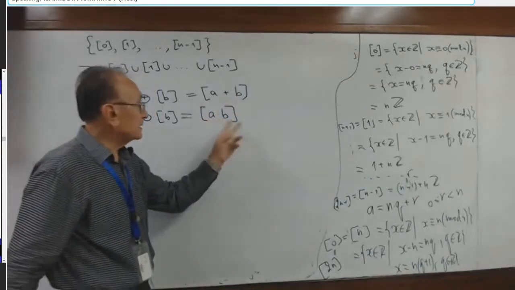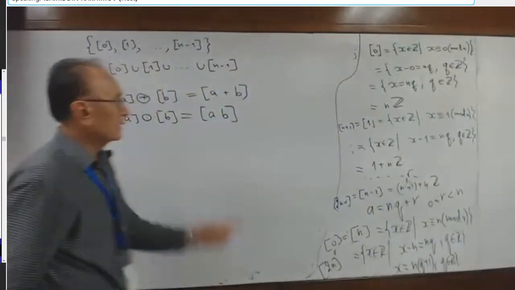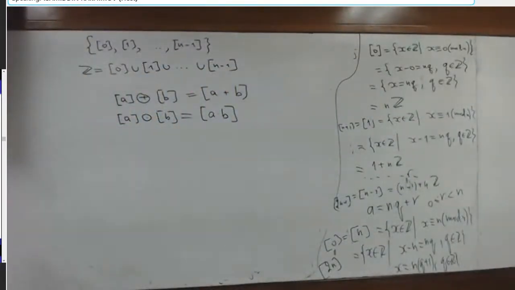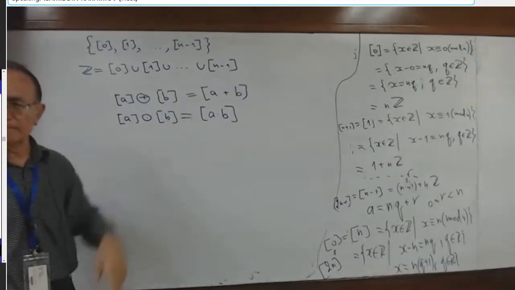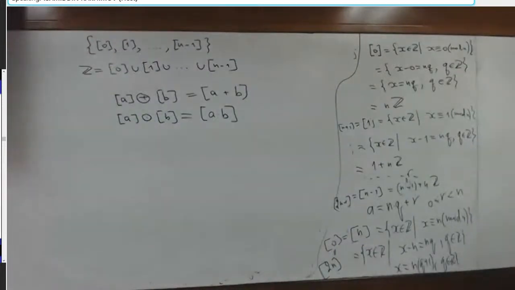From this list of equivalent classes, I will put the remainder here. The N is 6 case is given here. Again, I came to that point in my last class. Never mind.